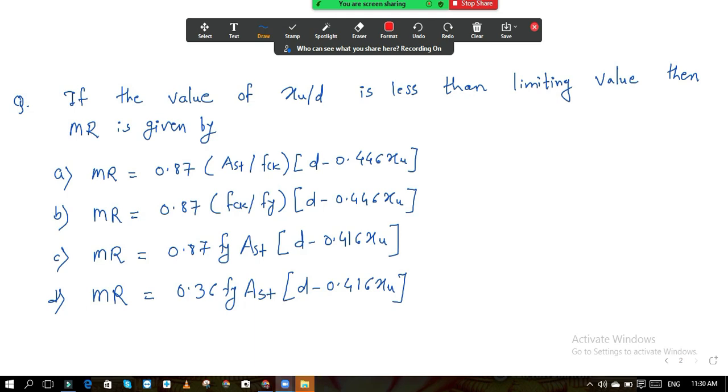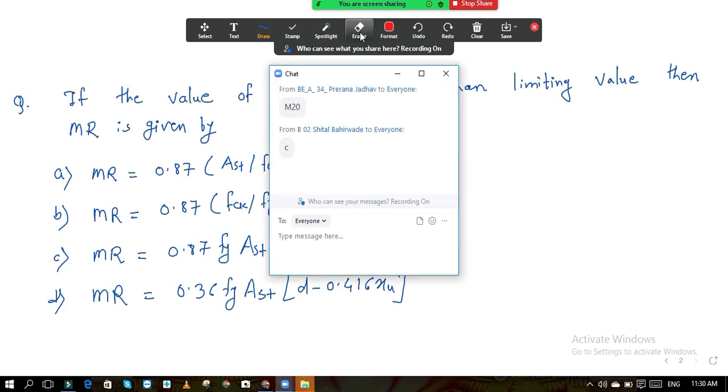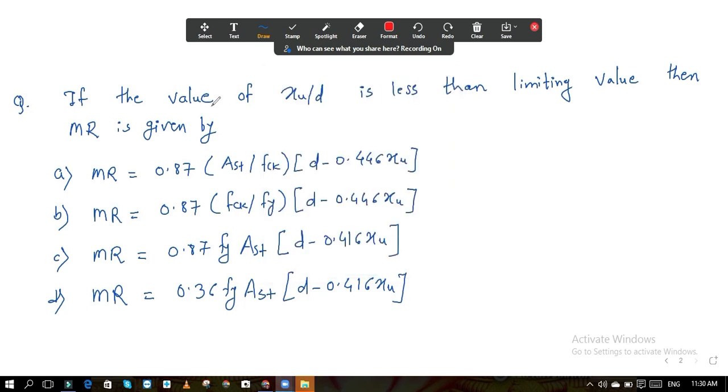If the value of XU by D is less than the limiting value, so the answer is C. Okay, correct answer. 0.87 Fy into AST.